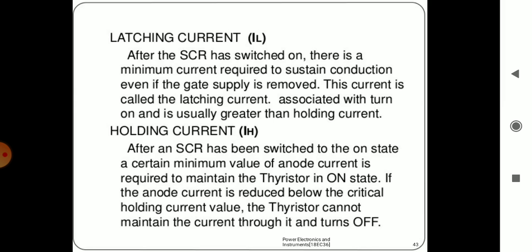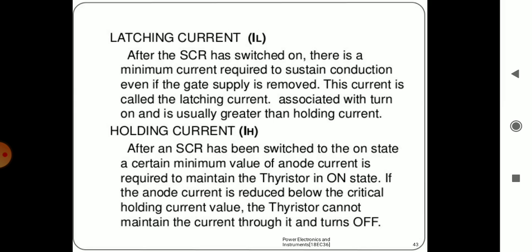If I start reducing the current of the SCR, there will be a kit to conduct this experiment. If I reduce the current across the SCR, that is the anode current, and keep on decreasing it, at one point, if I reduce below that current, the SCR will be in on condition even after removing the gate pulse.